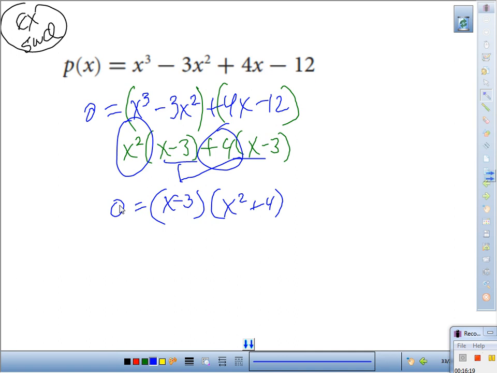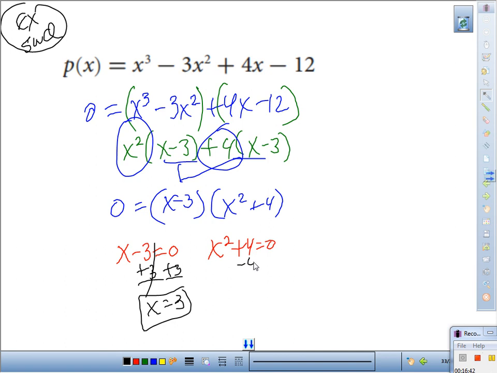Have you got it up to right there? Okay, pass them up. Kenzie. Set them to 0. X minus 3 equal to 0. X squared plus 4 equal to 0. And then we solve, yes? Plus 3, x equals 3. Minus 4, x squared equals negative 4, square root, what do we notice?